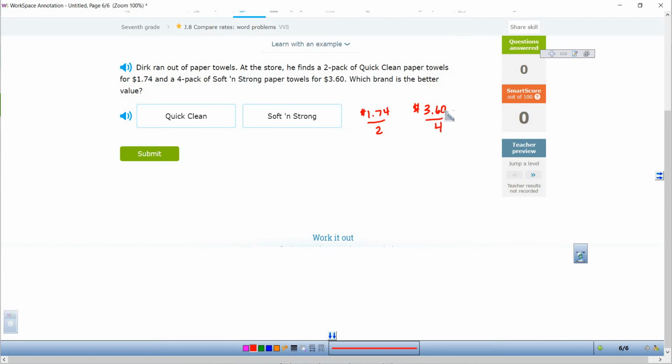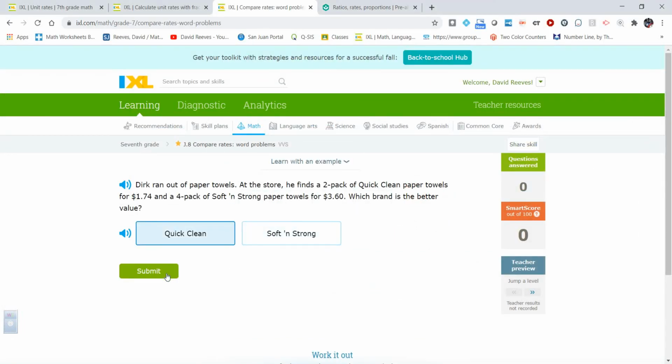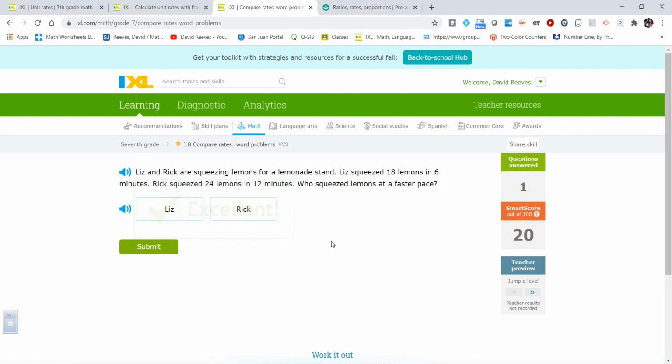I happen to know that 360 divided by 4 is going to be 90 cents. So that would be 90 cents per pack. Okay, let me ask you this. If I do 90 cents times 2, what do I get? I get $1.80, right? So this one is cheaper. The first one is quick clean. All right, so I'm going to click quick clean, and it is cheaper.